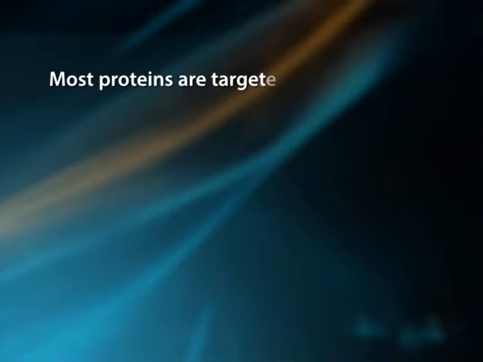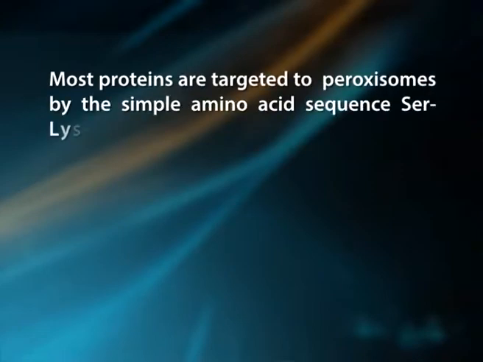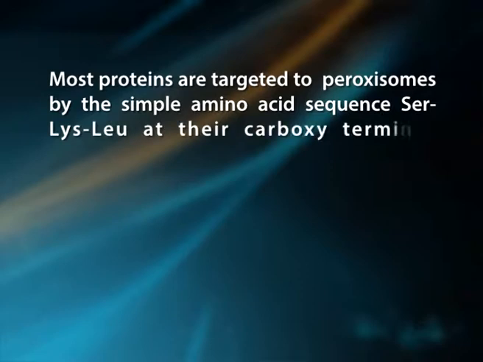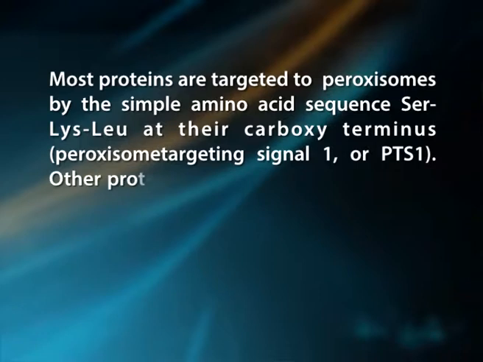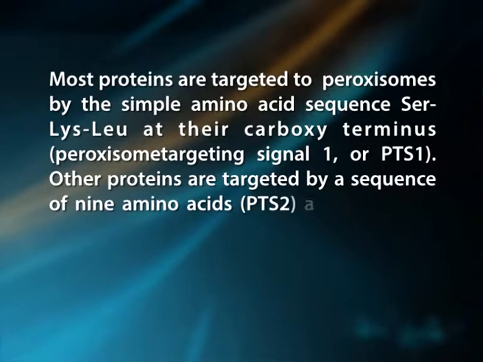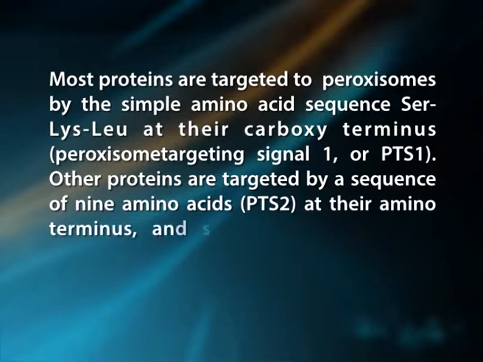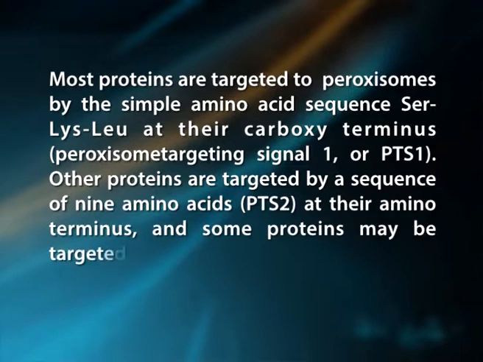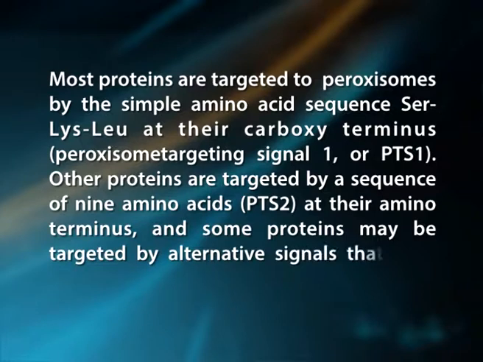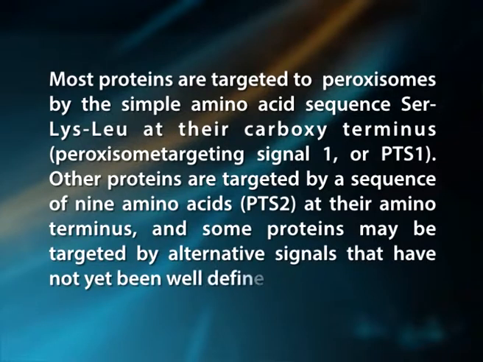Most proteins are targeted to peroxisomes by the simple amino acid sequence serine, lysine, leucine at the carboxy terminus. Other proteins are targeted by a sequence of 9 amino acids at the amino terminus, and some proteins may be targeted by alternative signals that have not yet been well defined.